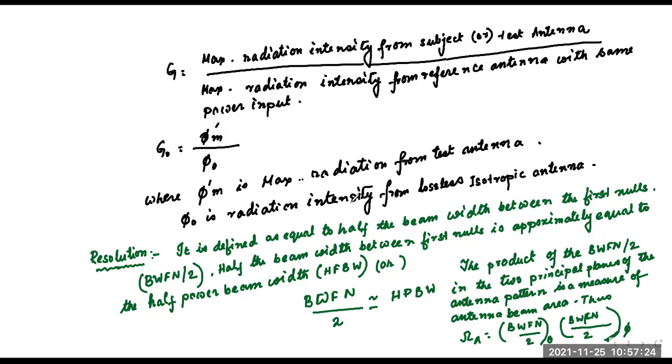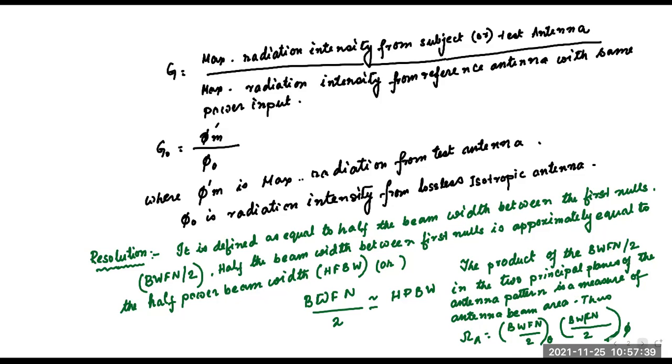So we find out the antenna beam area, that is the solid angle, sigma A, equal to BWFN by 2 in theta by BWFN by 2 in phi.